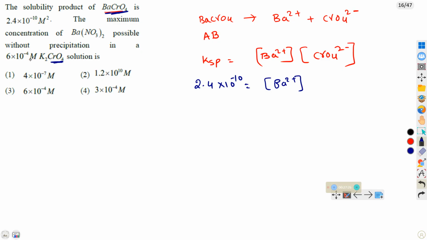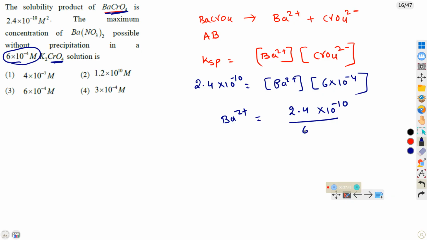According to common ion effect, CrO4 2 minus ion concentration, take it as 6 into 10 power minus 4. Now Ba2 plus ion concentration is equal to 2.4 into 10 power minus 10 by 6 into 10 power minus 4. Simplify. Then you will get 4 into 10 power minus 7. First option.